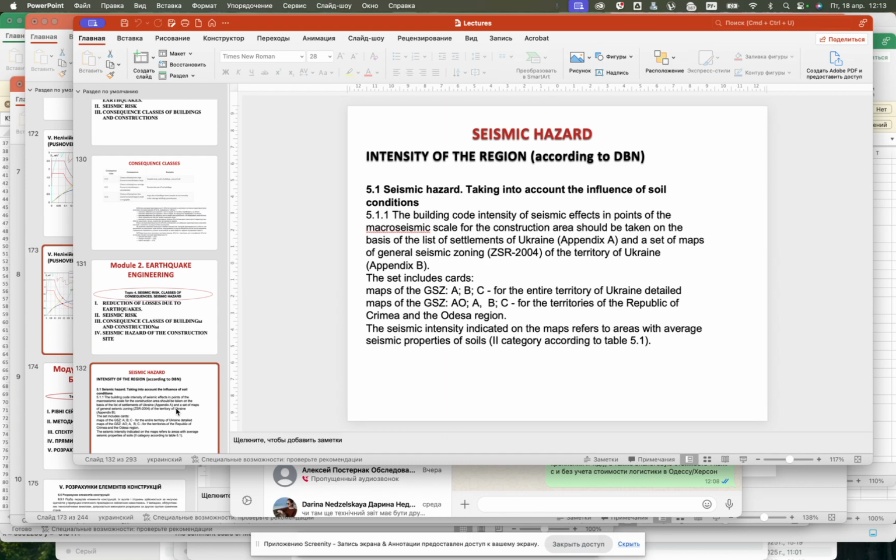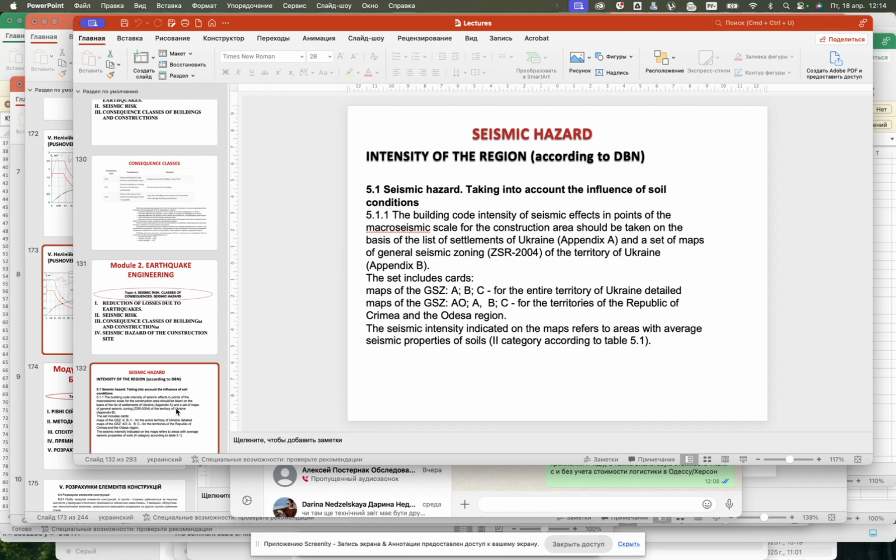To make the first step, we have to use, in our case, DBN or Eurocode or norms in Austria or ACI in the United States. Depending on the country where you will design your building, you have to use the local building codes to define the seismic hazard of the local region.